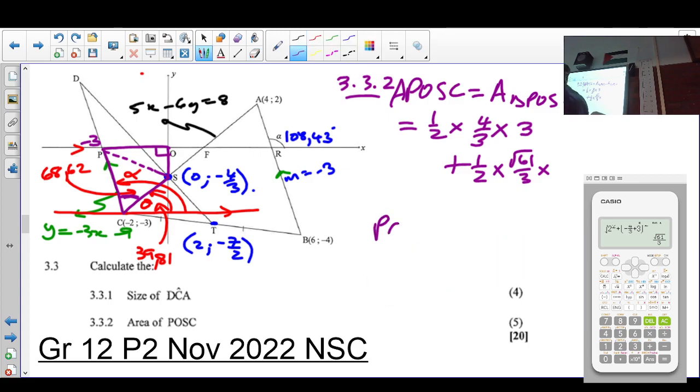So PC, same story, which is negative 3 minus plus 2 squared plus 0 minus plus 3 squared.